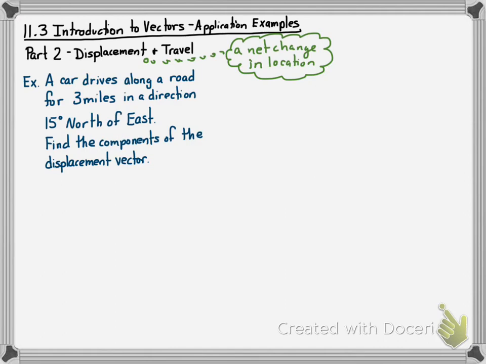The example we are looking at is: a car drives along a road for 3 miles in a direction 15 degrees north of east. Find the components of the displacement vector. What we're given are instructions about the direction a car is traveling, given in terms of the cardinal directions: north, south, east and west.